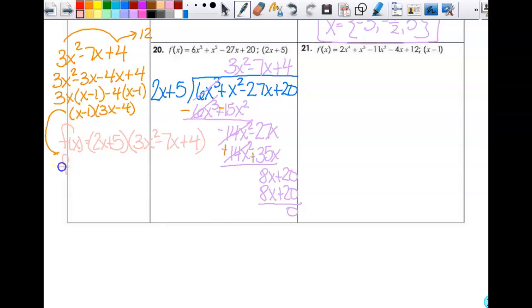So now I have f of x equals 2x plus 5 times x minus 1 times 3x minus 4. That is your fully factored form. Then from that, you get your zeros. So I have negative 5/2, 1, and 4/3.